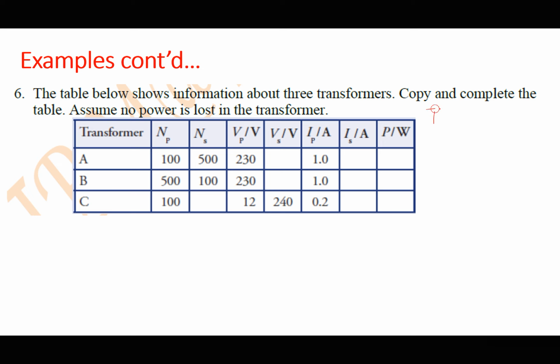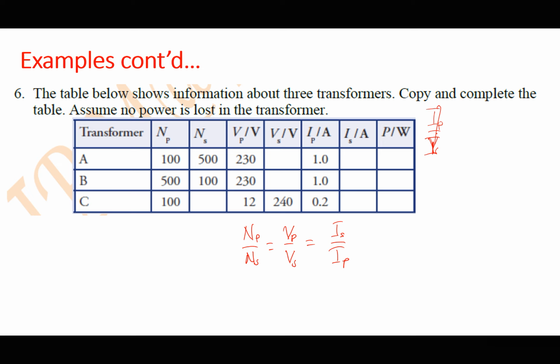Therefore, number of turns in the primary over number of turns in the secondary is the same as V in the primary over V in the secondary, which is the same as I in the secondary over I in the primary. The currents are the reciprocals.